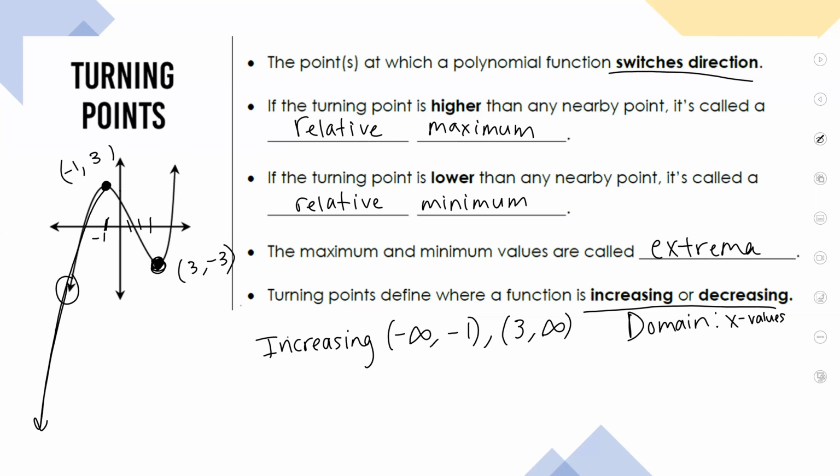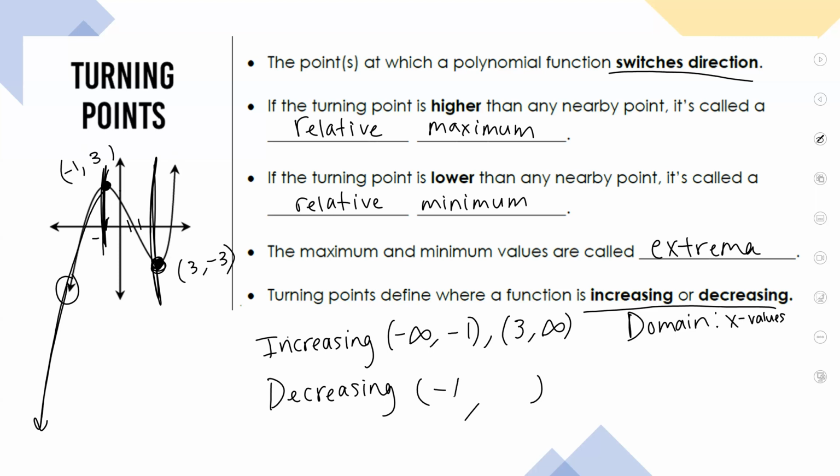All right, now let's talk about the decreasing intervals. Where is it decreasing? Between what numbers? -3 and 3. Ooh, -3. We have to pay attention to the x values because we're looking at domain. Yep, -1 right here and 3. That's where they're decreasing, okay?